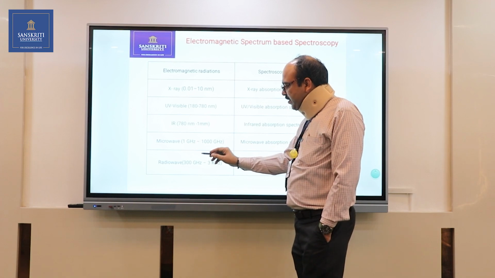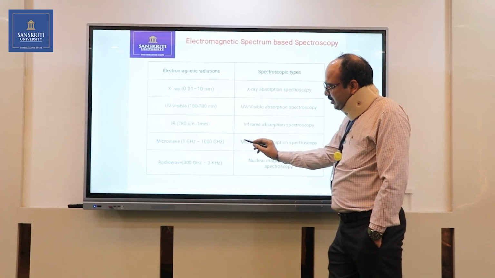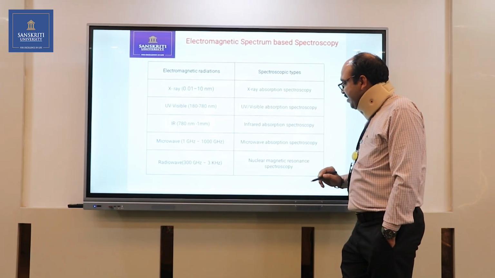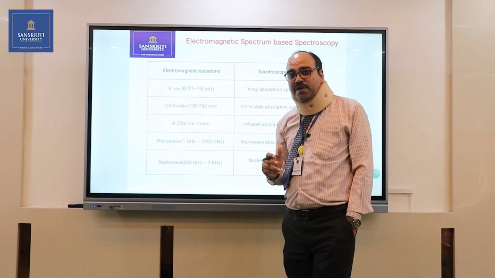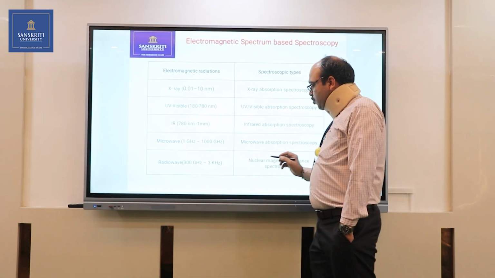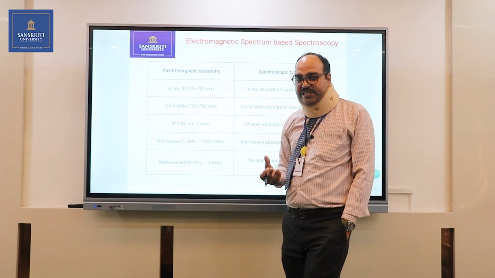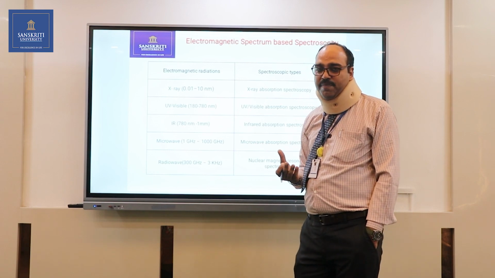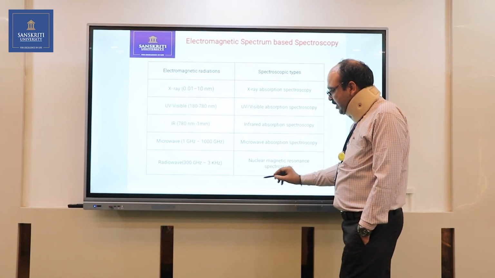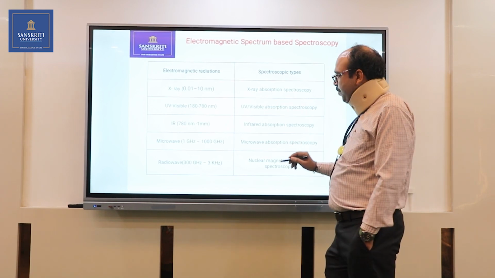They have a range of 300 gigahertz to 3 kilohertz, and radio waves are used in nuclear magnetic resonance spectroscopy, a more advanced spectroscopy with very wide applications in the medical field, like the MRIs you have heard about. MRI is based on nuclear magnetic resonance spectroscopy.